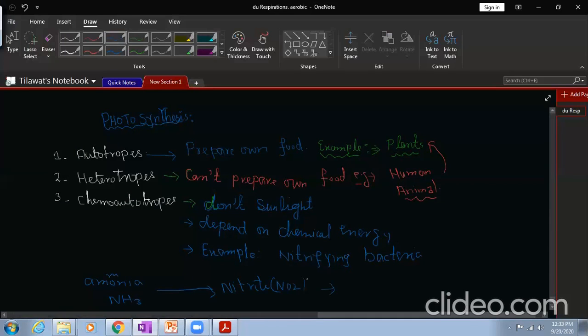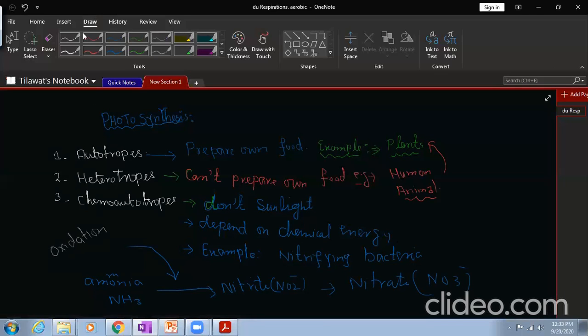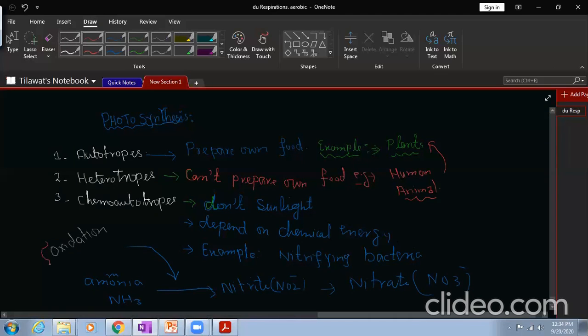And nitrate, NO3. Am I clear? So by the oxidation of ammonia, these organisms are getting energy. When oxidation of ammonia happens, oxygen will add, nitrogen will be removed, and that will give energy to these organisms. So chemoautotrophs receive energy from chemicals.